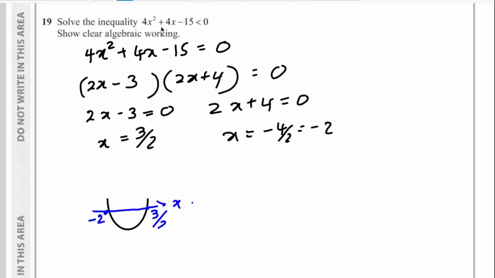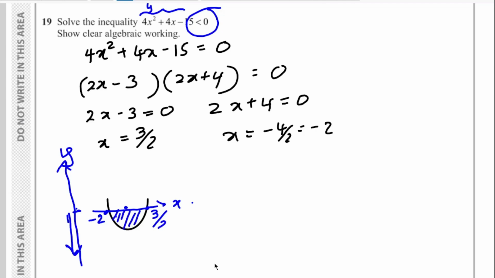So now the inequality says that it is smaller than 0. Remember, this whole part represents y, then y is smaller than 0. Let's assume that the y-axis is here. To represent that y is smaller than 0, I need to go downwards. So when going downwards, I should represent this region.